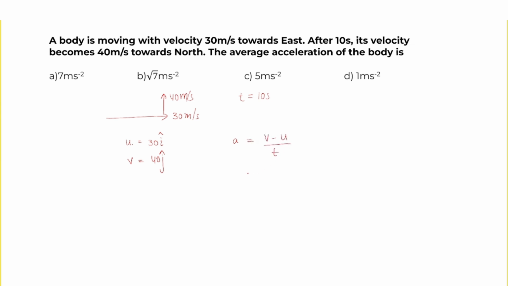V is nothing but 40j minus 30i over time, which is 10. Let's simplify it further. It will be 4j cap minus 3i cap. That's our acceleration. And the magnitude of that will be equal to under root 16 plus 9, which is root 25, and that is equal to 5 meter per second square. That is option C.